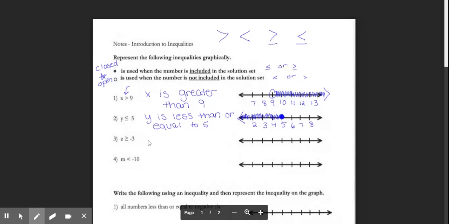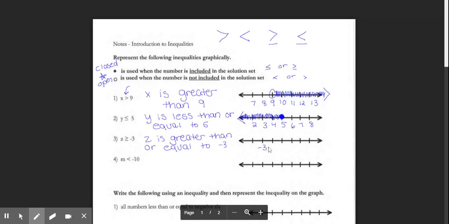Problem 3. This says z is greater than or equal to -3. So let's set up the number line. Find a spot that you would like -3 to be. I will put -3 right here.